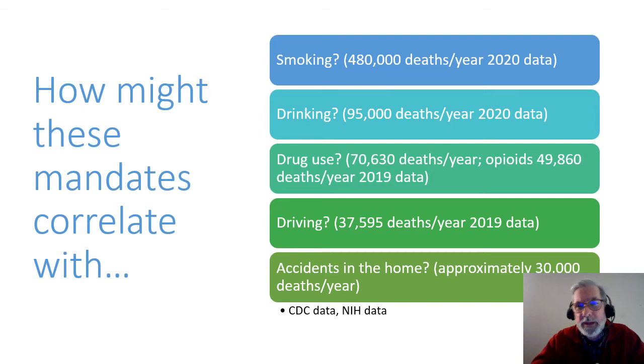There's about 30,000 deaths per year in America from accidents in the home. Maybe we should just put everybody in bubble wrap, and they're just not allowed to move in their home. If it just saves just one person, and some of those accidents actually end up not only taking out the person that had the accident, but other people with them.